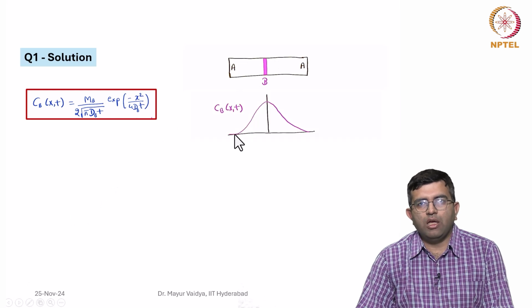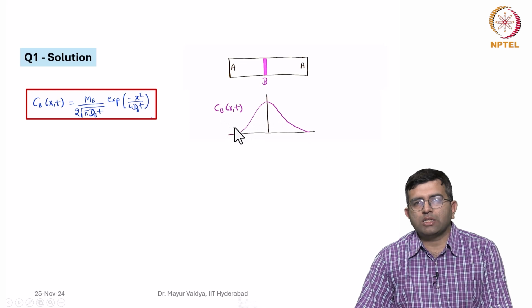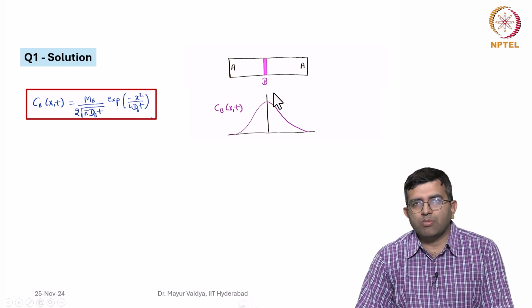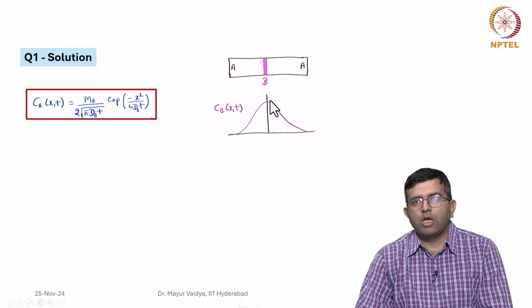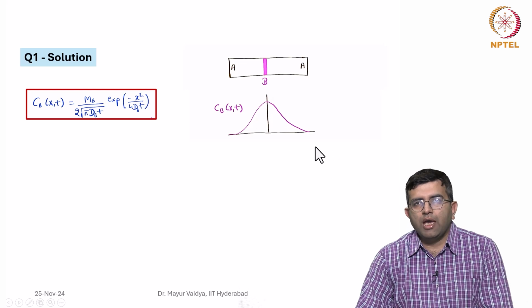If you see, the C_B has a profile like this, this is the concentration, the maximum is at x equal to 0. So the first option, that it is symmetric about x equal to 0, is correct, because both the materials on the side are the same, and the length and the dimensions are the same, hence the profile is also the same.